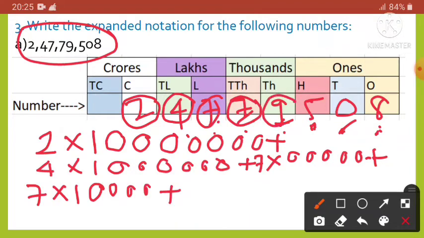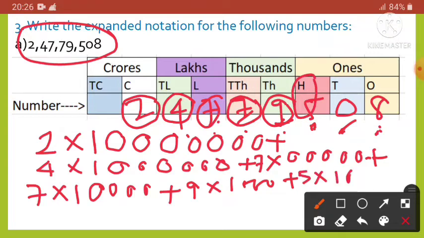Then the next is the 9 under TH or 1000. So it will be 9 into 1000, 1 and then 000, then plus sign. Then 5 is under 100. So it will be 5 into 100. And then it is 0.